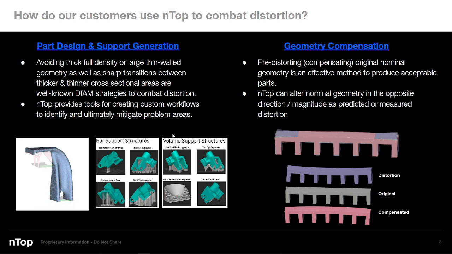The other different topic is support generation, right? A lot of times people will create support structures that might be removable or maybe become part of the final part. And sometimes they're also just support structures that are very, very close to the part to act as a heat sink and that sort of thing. These types of structures are also possible to design in NTOP. We've got a series of custom blocks for bar supports and volume support structures that are basically starting points.